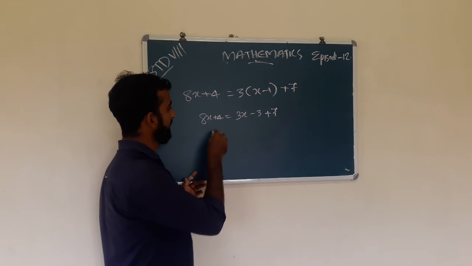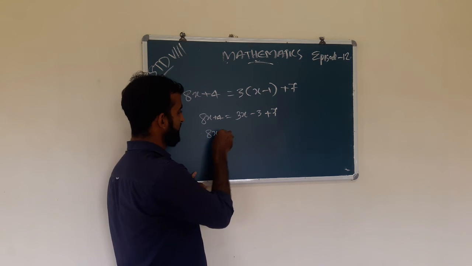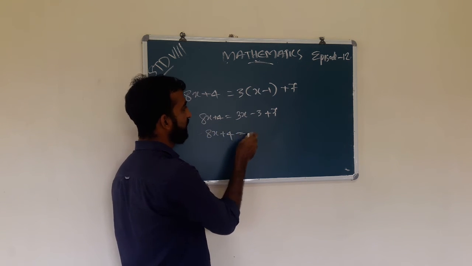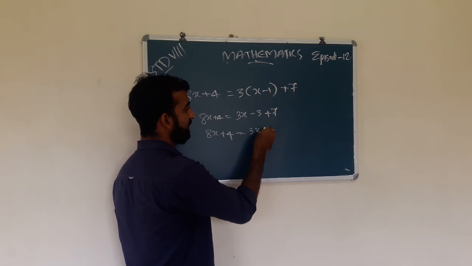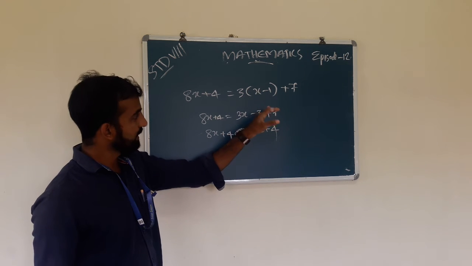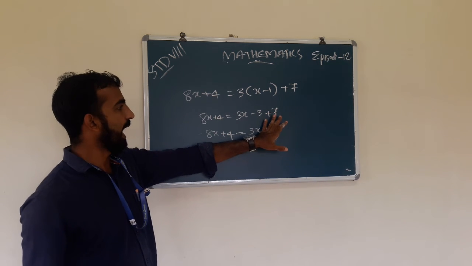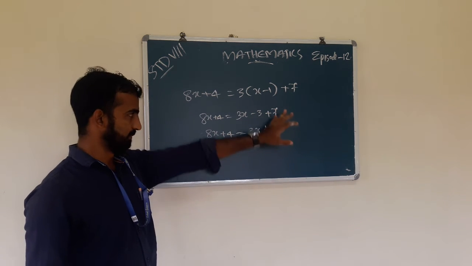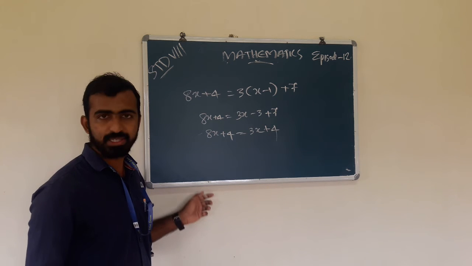That is 8x plus 4 equal to 3x plus 4. When we add minus 3 plus 7, we get 4.